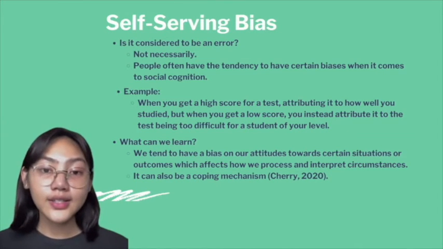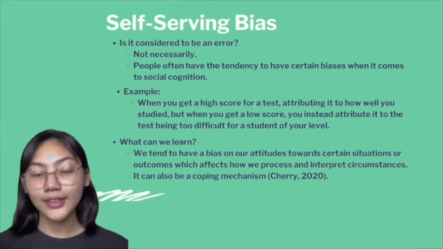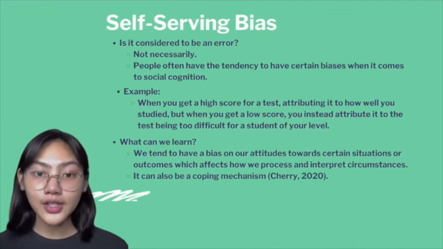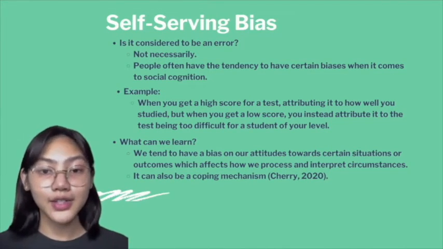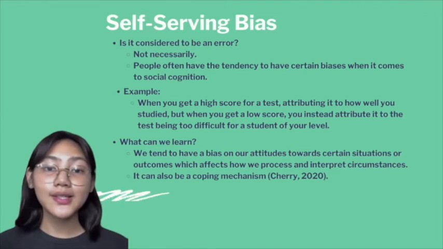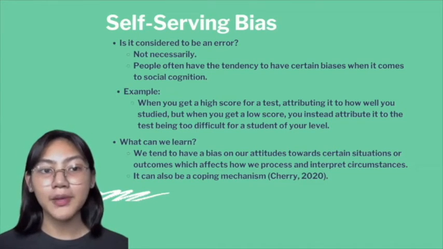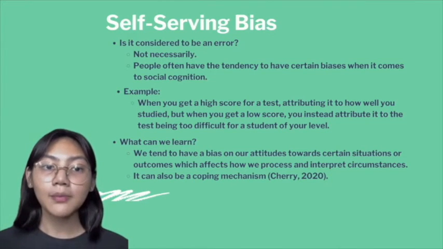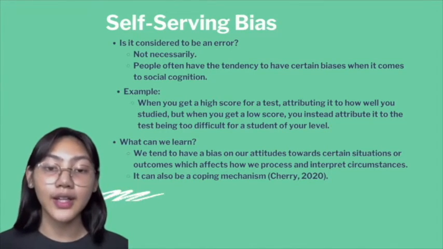While not necessarily an error, people have the tendency to have certain biases when it comes to social cognition, which we can call the self-serving bias. So, to put it simply, this bias describes people's tendency to apply praise to themselves for a positive outcome, but shift the blame onto external factors for negative outcomes.